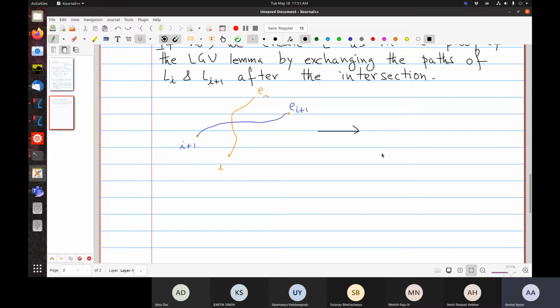Okay, so now let me do it really carefully. So Li plus 1 starts like so, and then goes like that to E prime i, which is E prime i plus 1, which is Ei, and Li goes like so and goes here and gives me E prime i, which is Ei plus 1.